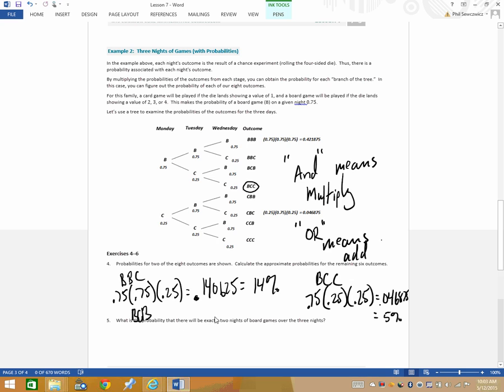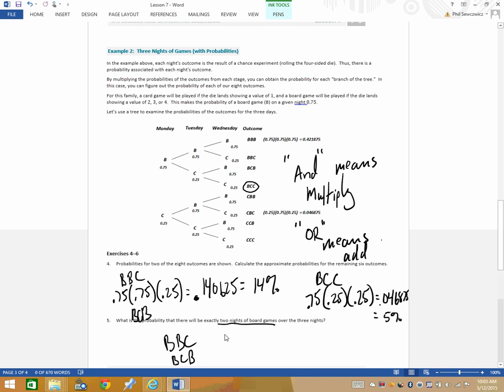So what's the probability that it will be exactly 2 nights of board games over the 3 nights? Exactly 2 nights of board games. So let's find where we have exactly 2 nights of board games. That's 3. Oh, there's 2. All right, so it's B, B, C. Ooh, there's 2. Board game, card game, board game. Exactly 2 nights of board games.